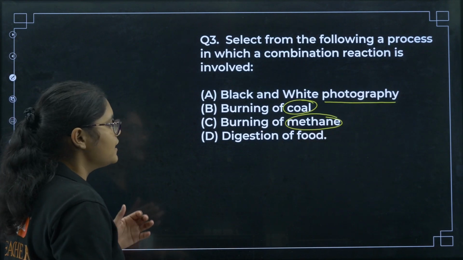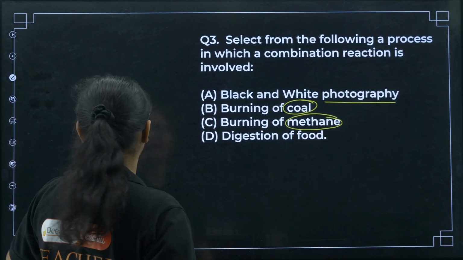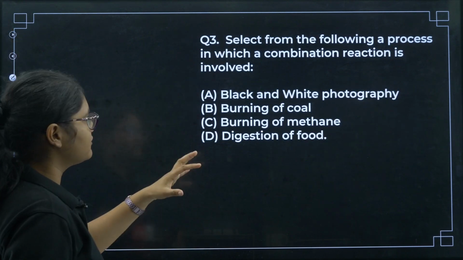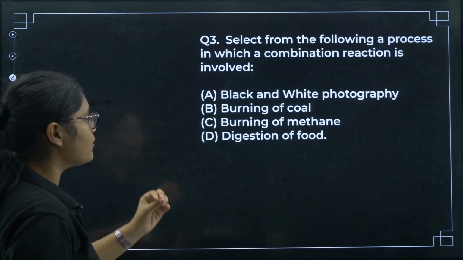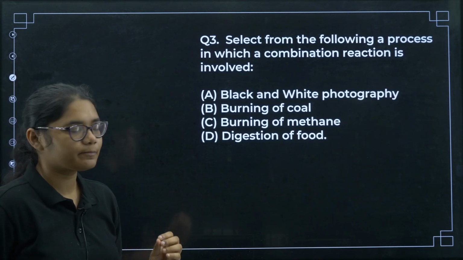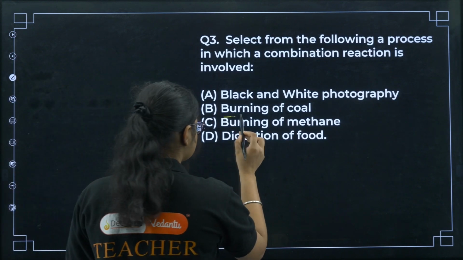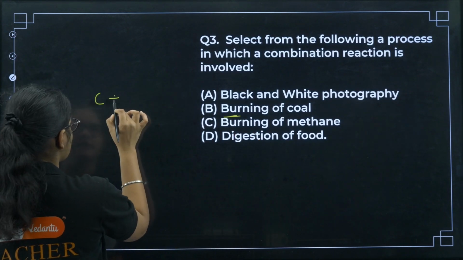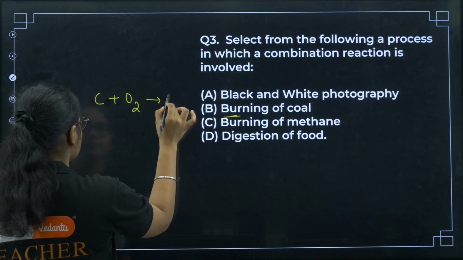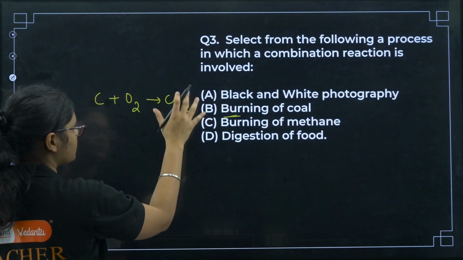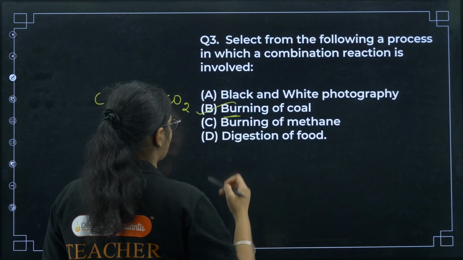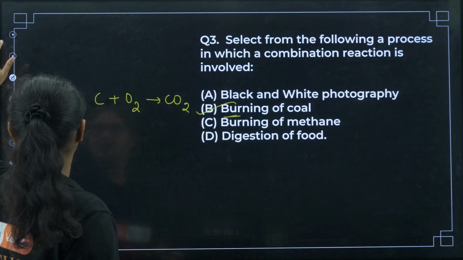How do we get that? By the addition of Ag and Br. Burning of coal gives C plus O2 gives you CO2, so this is a combination reaction. Option number B is the correct answer here.